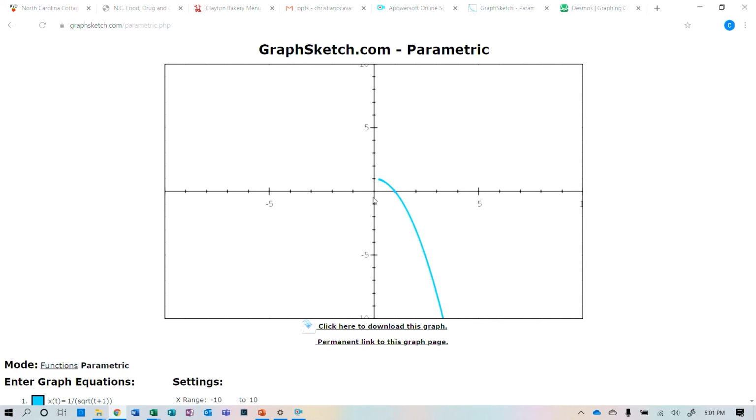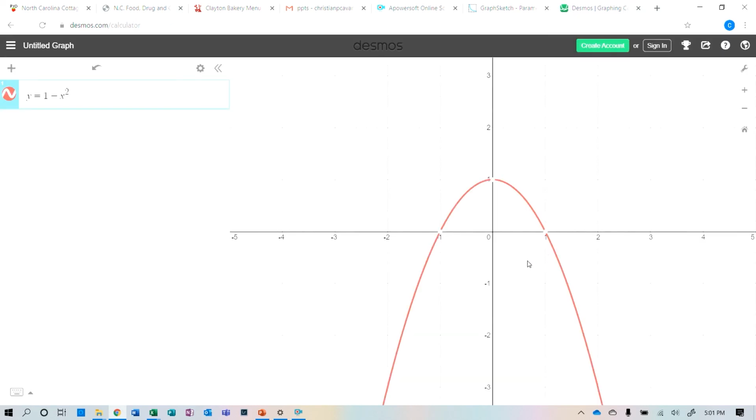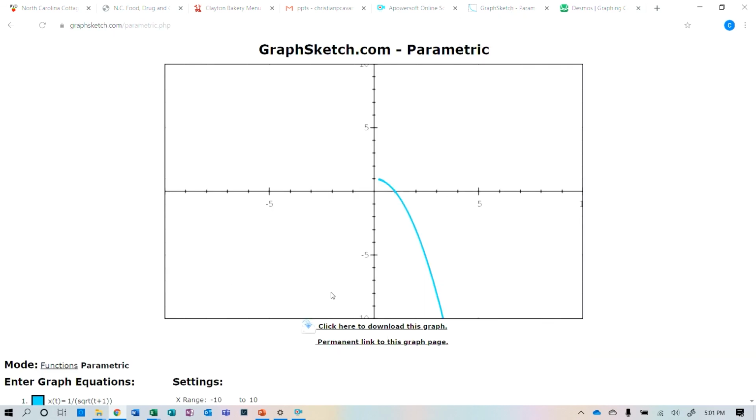So in the parametric, because there's a square root in that equation, it's not going to do the left-hand side of that parabola, but you still get a parabola that is negative and shifted up 1. On Desmos, you get the same parabola, but since the domain is not restricted on Desmos, you're going to go ahead and get that whole parabola instead of just the half that you get in parametric mode. So just watch out for that too.